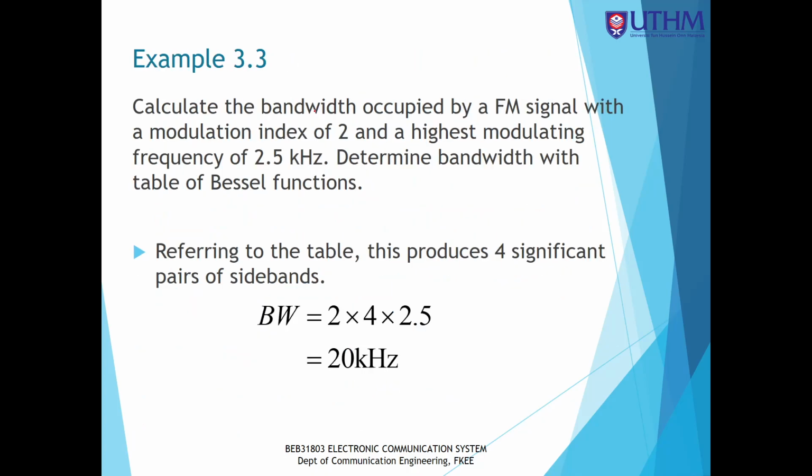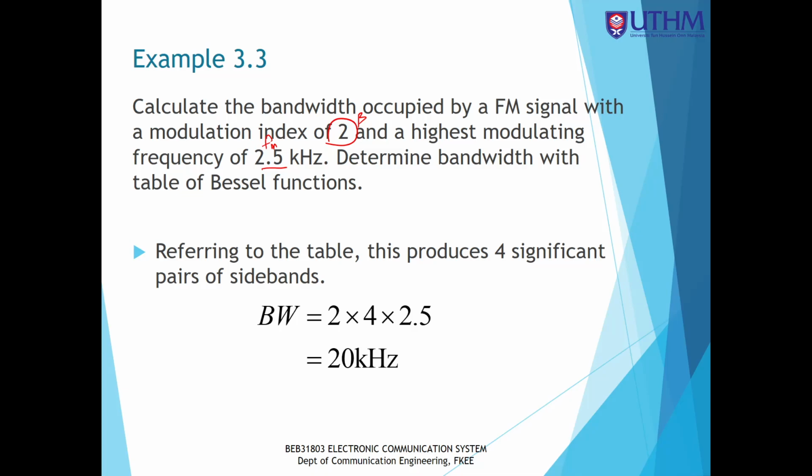So calculate the bandwidth occupied by an FM signal with a modulation index of 2. So beta is equal to 2, and the highest modulating frequency is 2.5k, which is the modulating signal frequency fm.